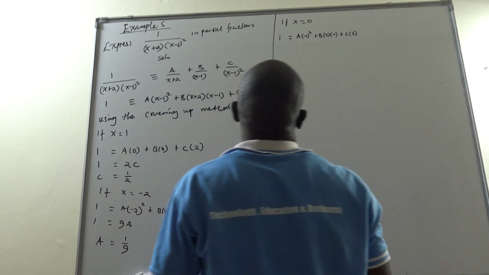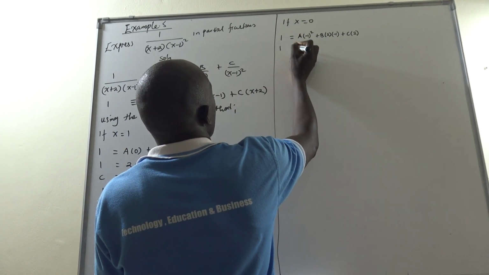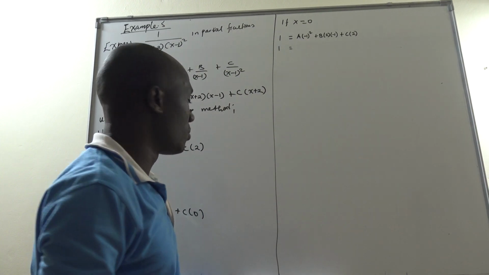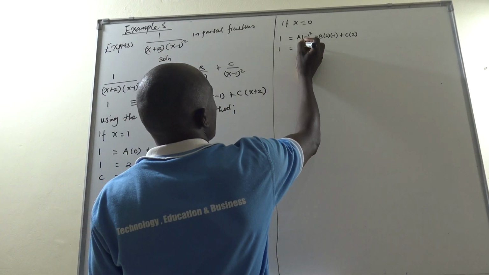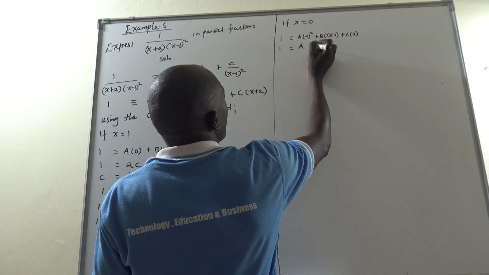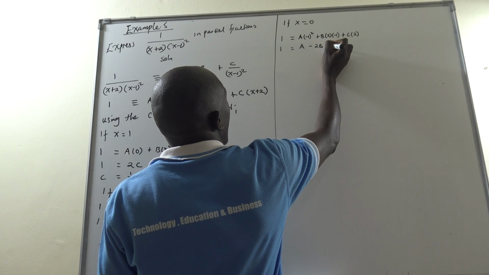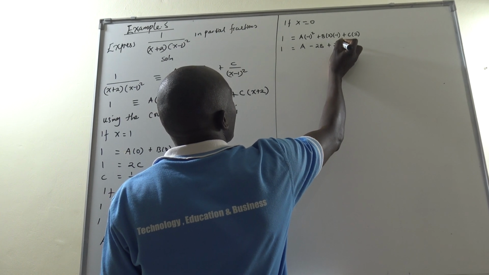So this is 1 equals 1 times A, which remains as A, then minus 2B, then plus 2C.